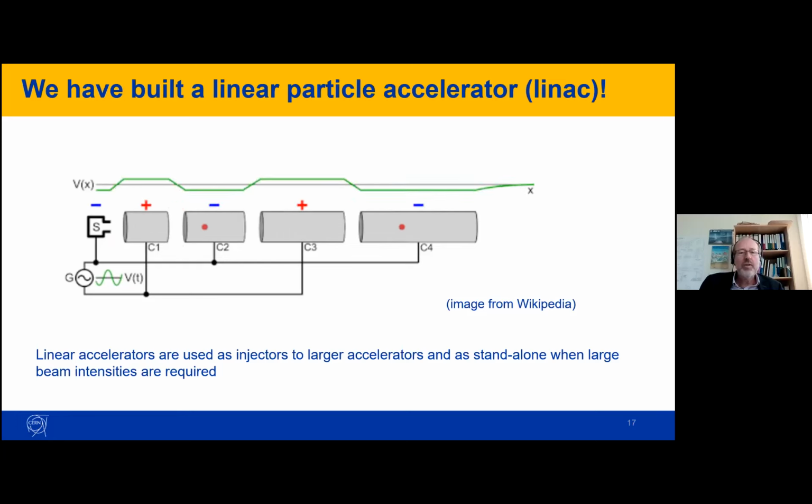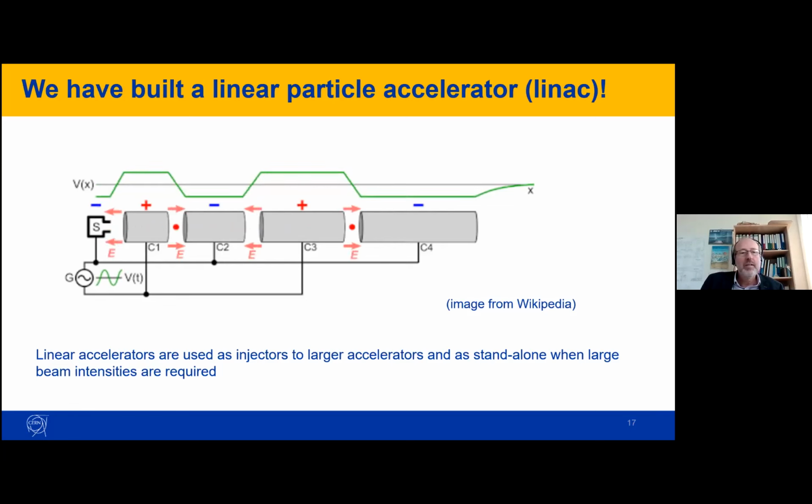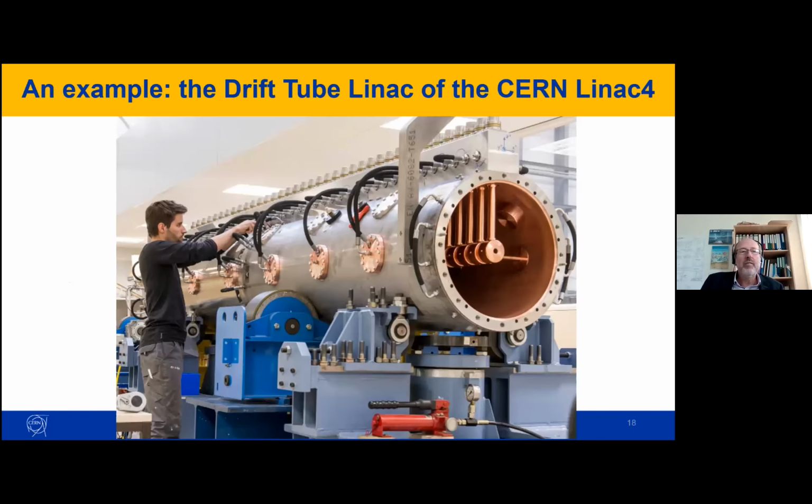Great. So now we have everything in our pocket to build an accelerator, and we've built a linear accelerator. This is how it looks. This is the real one, a linear accelerator. It is called a drift tube LINAC, and this is now in operation here at CERN.